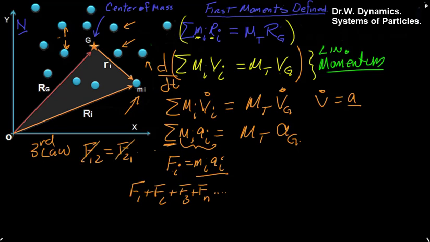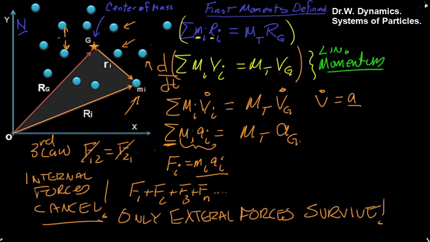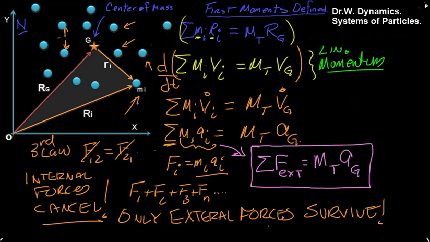So all the internal forces will cancel, and only the externals will survive that summation. And what we find then is that this becomes the sum of the forces externally acting on this system equals m total a of g. And it turns out that this conclusion is really important. In introductory physics, we're taught that F is equal to ma.